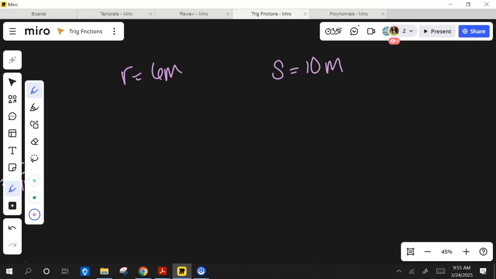What's my theta? Tell me what you're doing. Remember, what's the equation for arc length? Radius times theta. I'm looking to find theta. You just plug it in. I have radius and I have S. So 10 equals 6 theta.